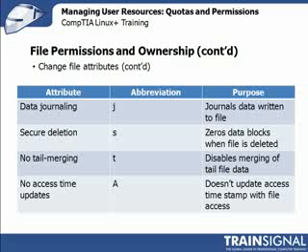Secure deletion is abbreviated with the lowercase s, and that zeros data blocks when the file is deleted. This is good for security. The no tail merging attribute is abbreviated with the lowercase t, and this disables merging of tail file data. No access time updates, abbreviated with the uppercase A, doesn't update the access timestamp when a file is accessed.